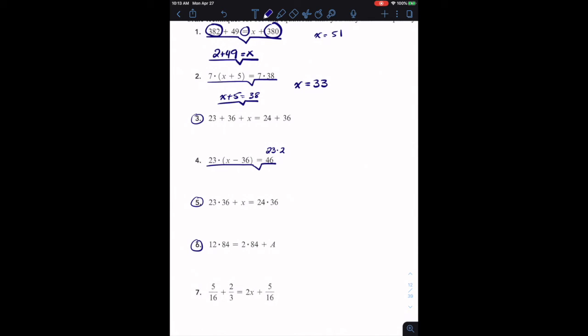So if 23 groups of x minus 36 equals 23 groups of 2, then one group of x minus 36 better equal one group of 2, right? So then we can say, well, what minus 36 is 2? Well, x is 38.